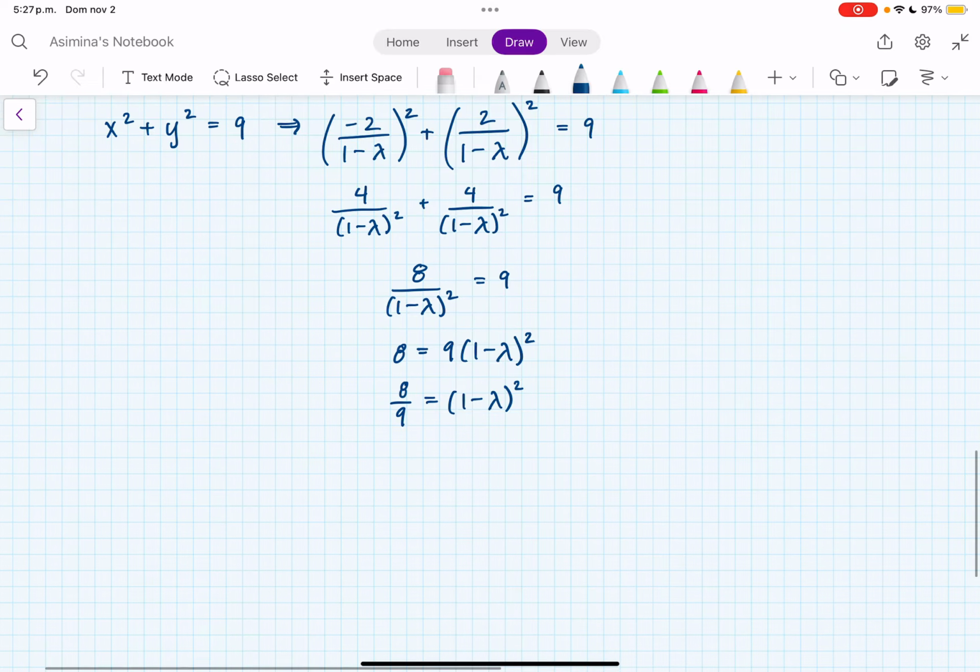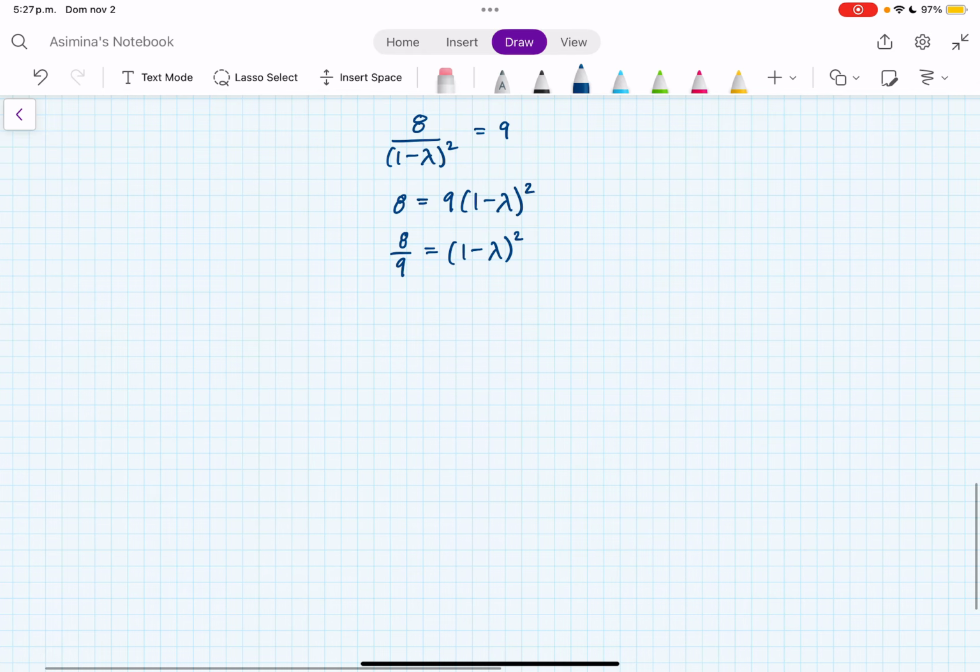Okay, now I can take the square root of both sides. And so I'm going to continue over here. So if I take the square root of both sides, I get 1 minus lambda equals plus or minus the square root of 8 over 9. So I can write this as plus or minus 2 root 2 over 3.